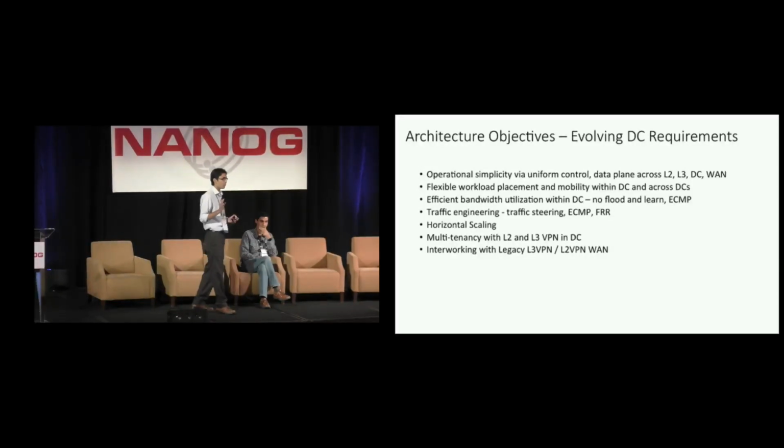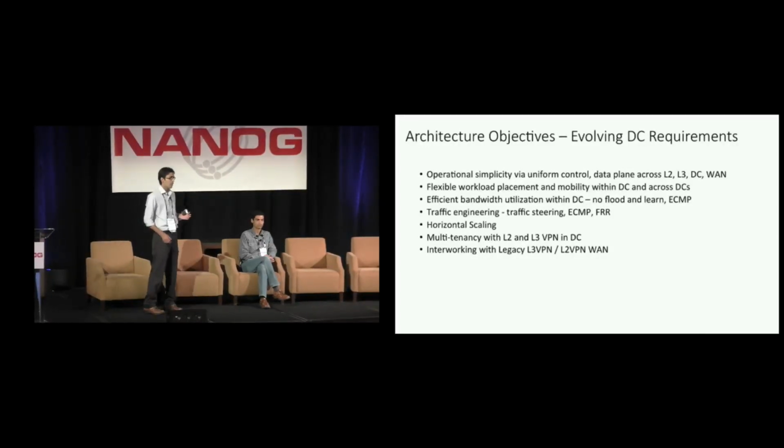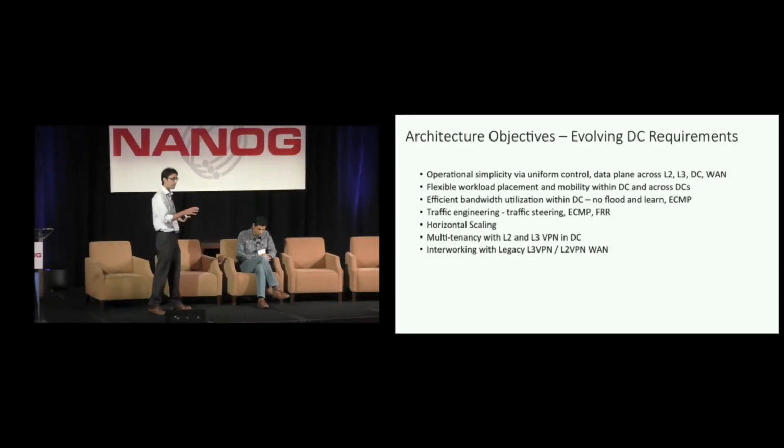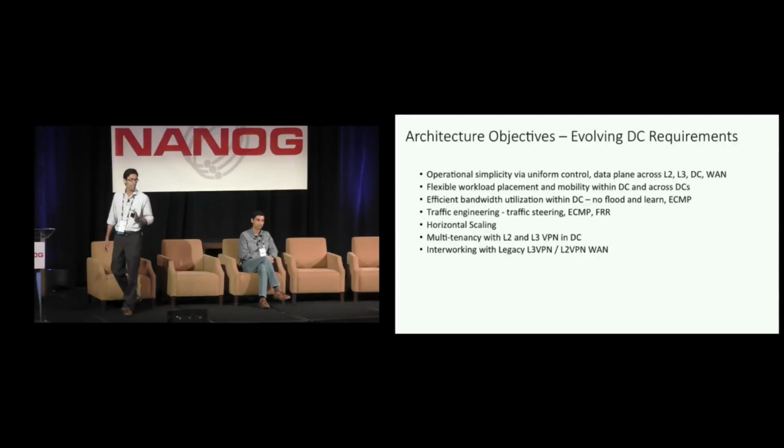Eliminate the flood and learn from the network so that we can efficiently utilize our bandwidth using ECMP. The data center must support network resiliency using fast reroute and fast convergence. We should be able to scale up horizontally as our workload demands and functions go up. The data center must support multi-tenancy with layer 2, layer 3 VPN, and it must interwork with legacy technologies like layer 2 VPN and layer 3 VPN.